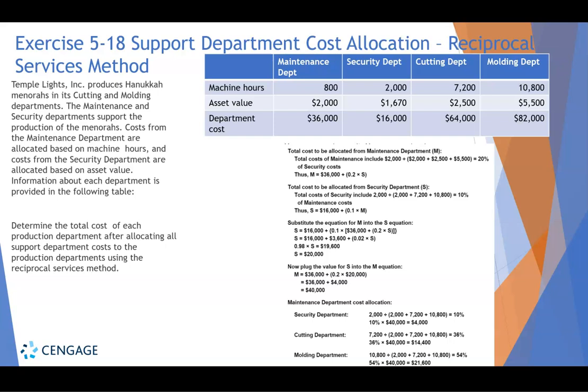So you come up with your two equations, and then once you have those equations, you can substitute the equation for M into that S equation and figure out S is 20,000. You can then plug it in for the M equation where M is 40,000. And ultimately then allocate the various costs to the different departments.